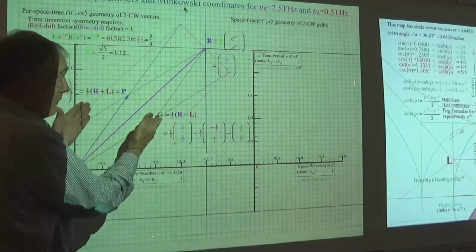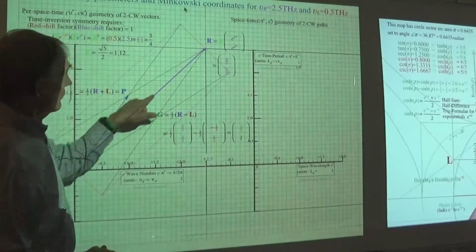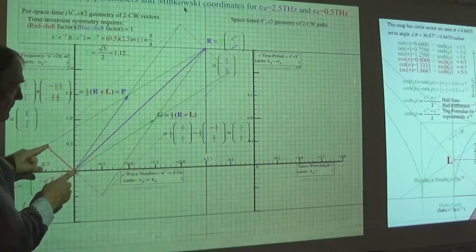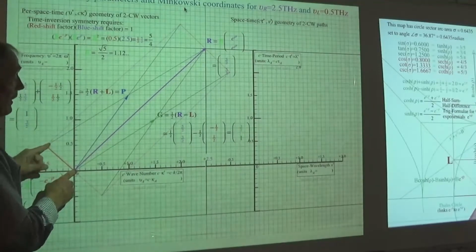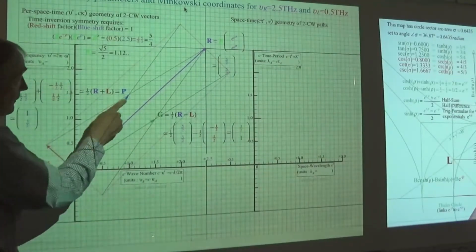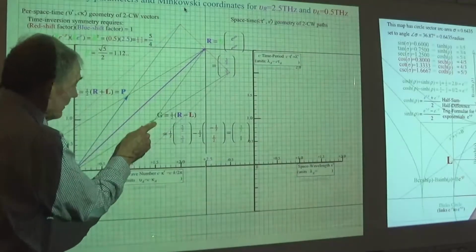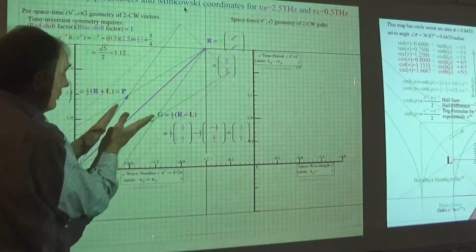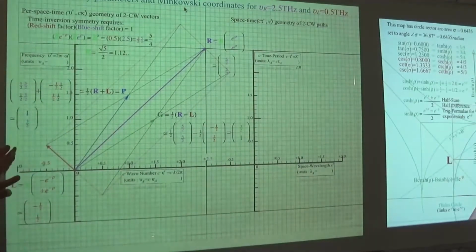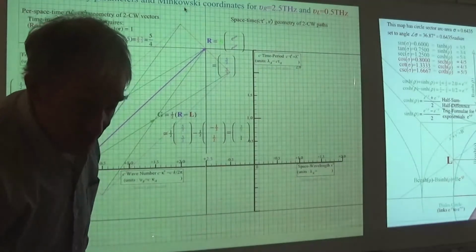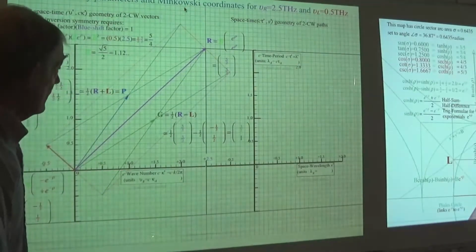Now, putting that back again, this thing is just the sum, and this thing right here is either plus or minus the difference of these two right here. So there's the difference right across that diagonal, perpendicular to the main diagonal, which is the sum. Okay, so don't let that very simple geometry get away from you. We need that.